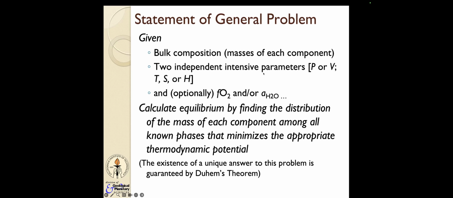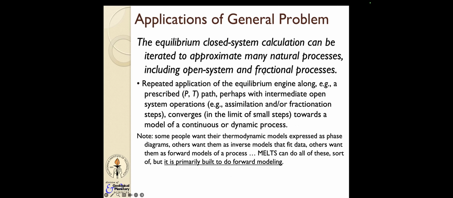Now, that's just one single calculation. I started by saying that petrology is complicated, and we very often want to do calculations that are distributed over space and time and follow some path that a parcel of material might experience as it ascends underneath a volcano or as it cools in a magma chamber or whatever.